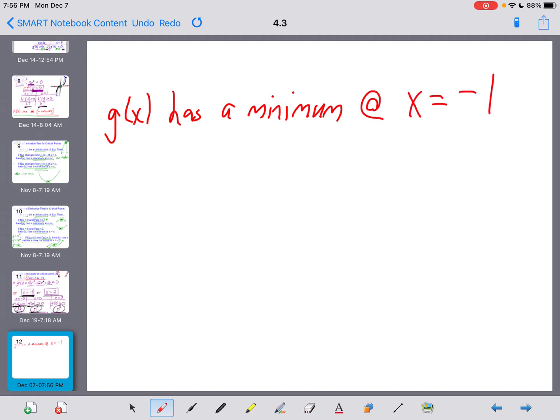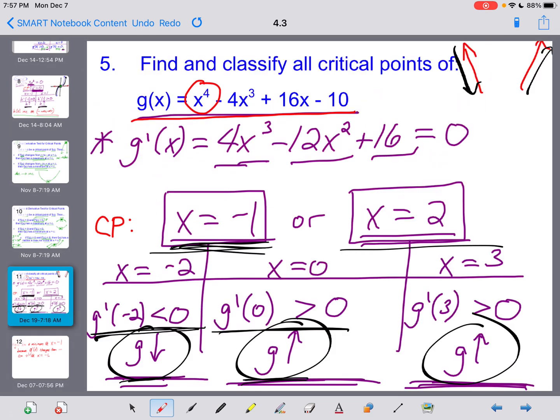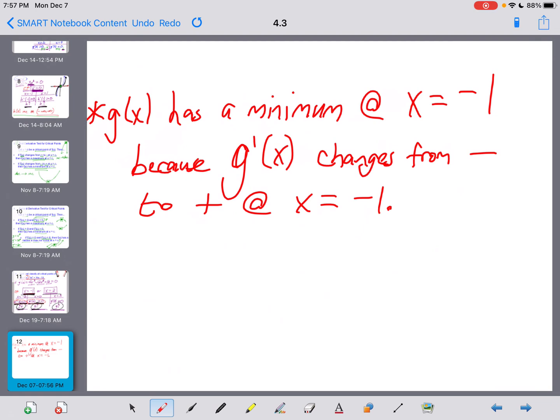And the reason is important, guys, because its derivative, g prime of x, changes, and we have to be specific now, from negative to positive at that value, x equals negative 1. That is a really thorough and proper explanation for what's going on right here. At negative 1, we had a minimum because our derivative was negative and it changed to positive. And that's exactly what we said here.